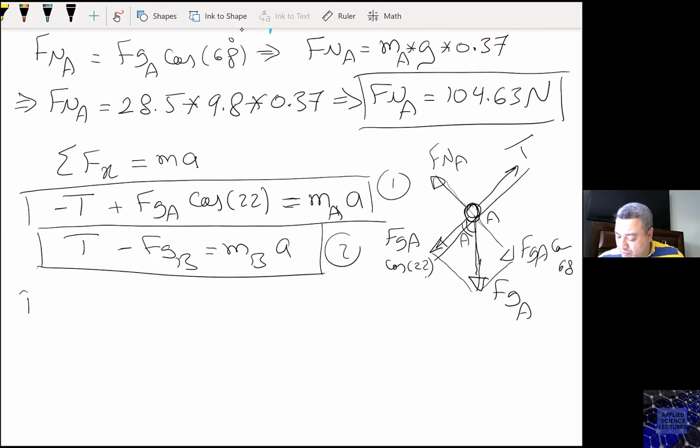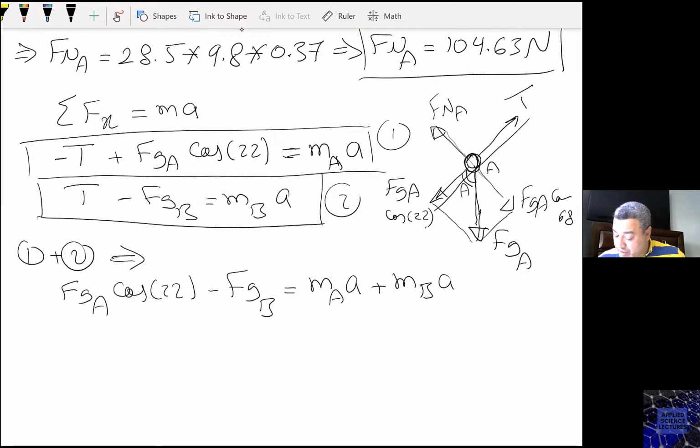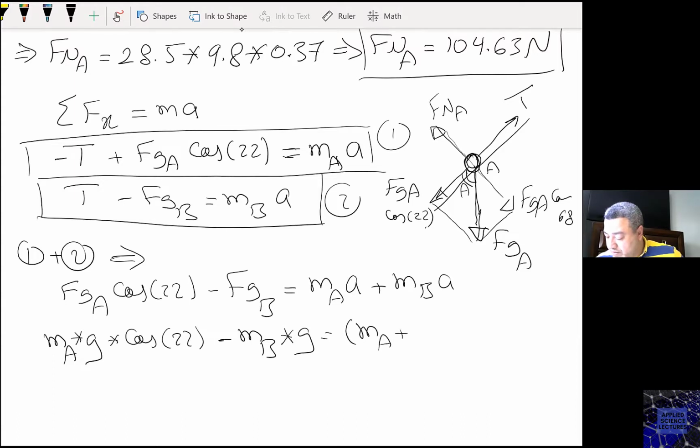Now, adding 1 plus 2, I can get rid of the tension T. I'll end up with F_gA cosine 22 minus F_gB equals to M_A plus M_B times a. F_gA is M_A g times cosine 22 minus M_B g equals to (M_A plus M_B) times a.